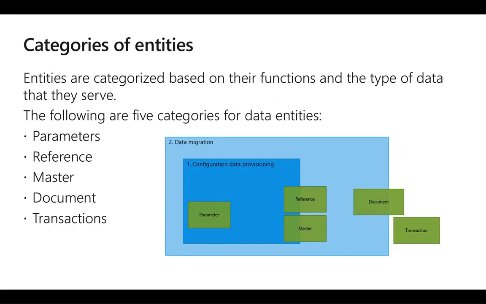Entities are categorized based on their functions and the type of data that they serve. The following are five categories for data entities: parameters, reference, master, document, and transactions.